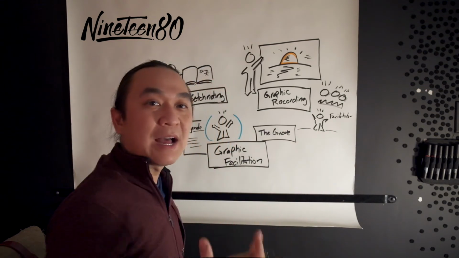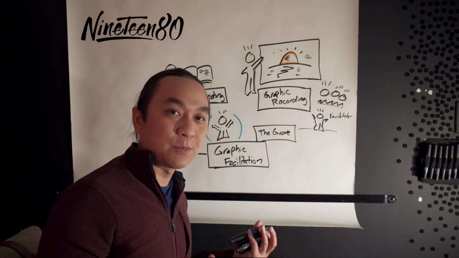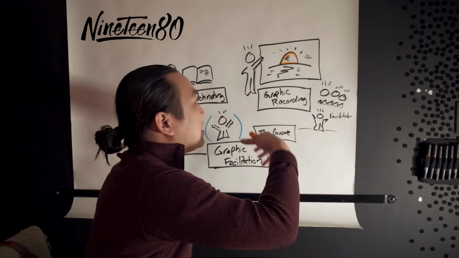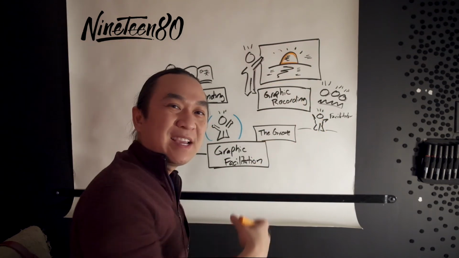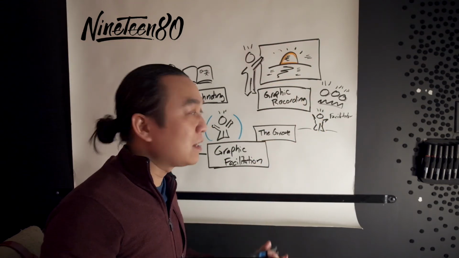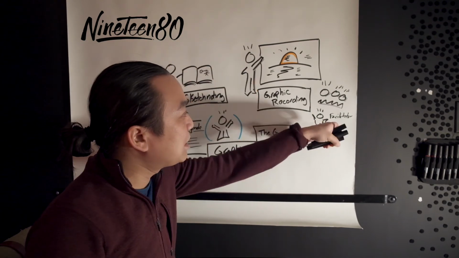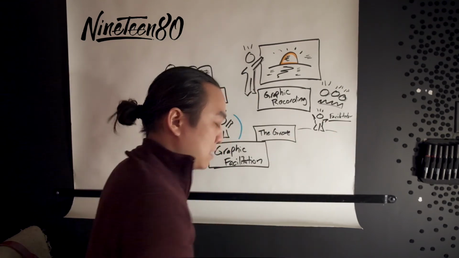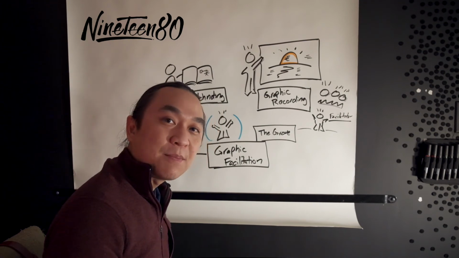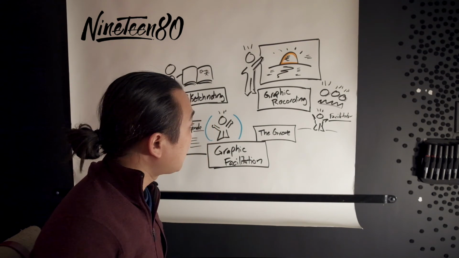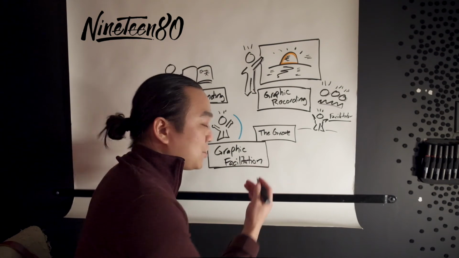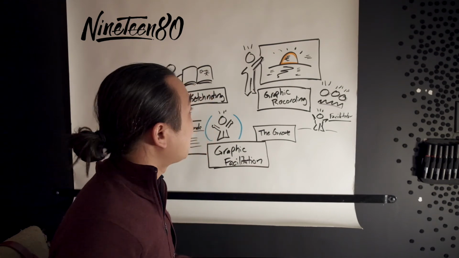Sometimes you'll have a not so seasoned or not so experienced facilitator. They're not able to drive the conversation, and then the graphic turns out poor. It's not really the graphic recorder's fault, but it's being driven by the facilitator. And so why I like being the facilitator is I get to control and drive where things go.